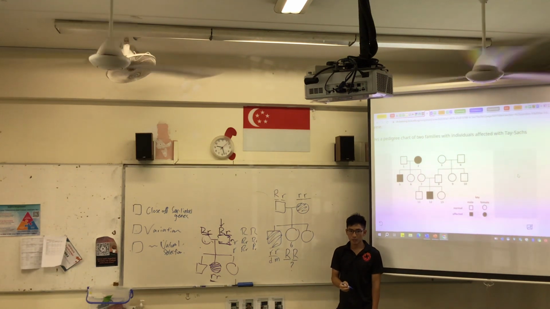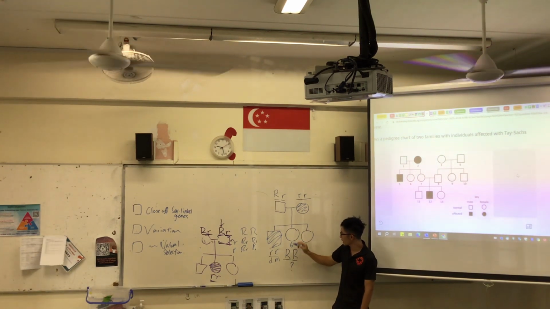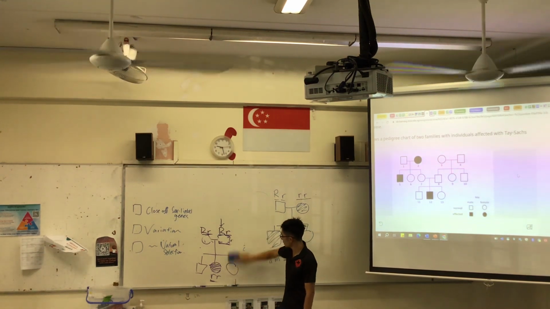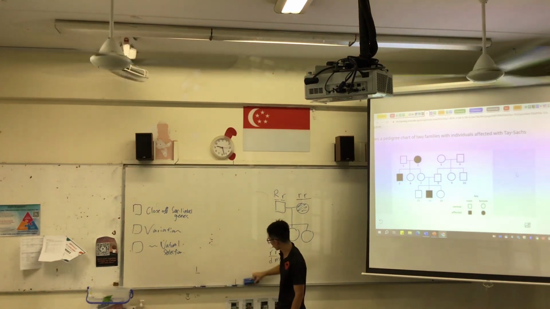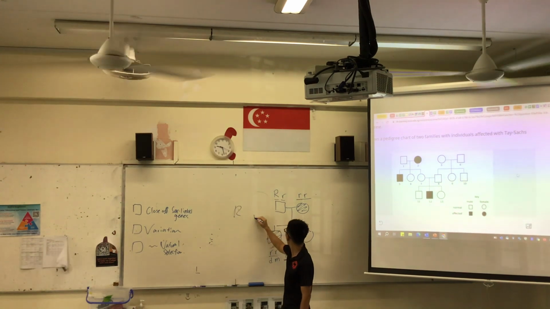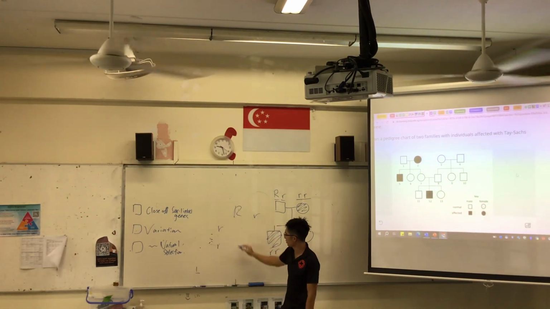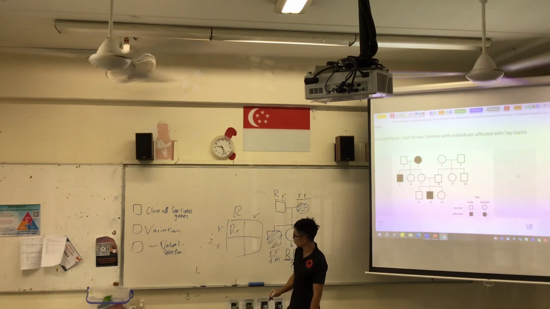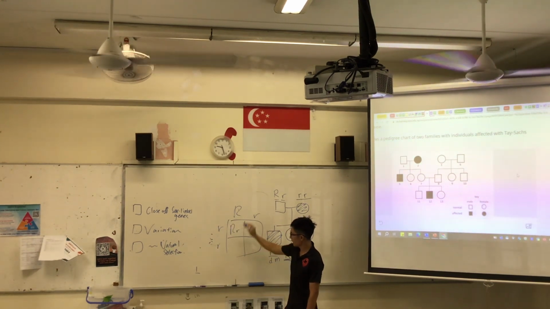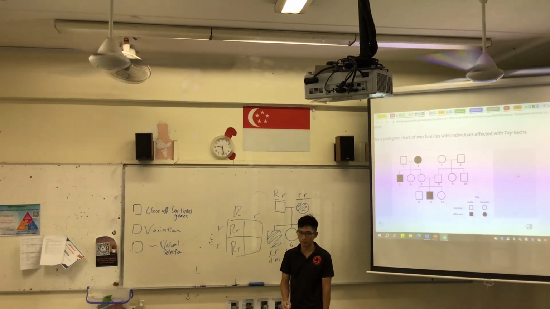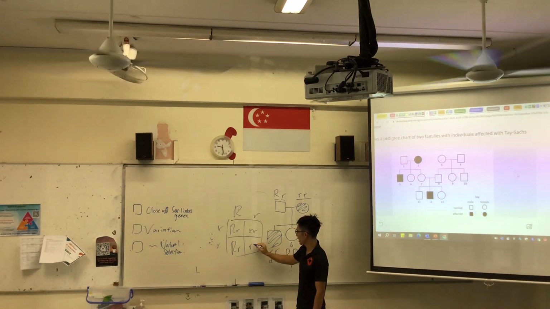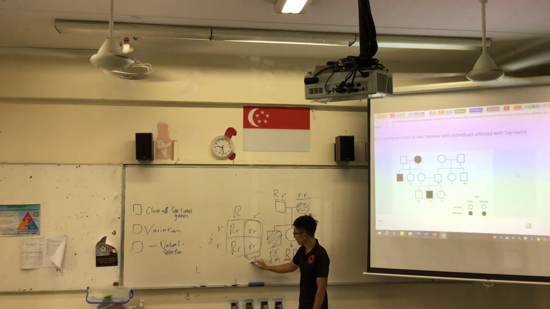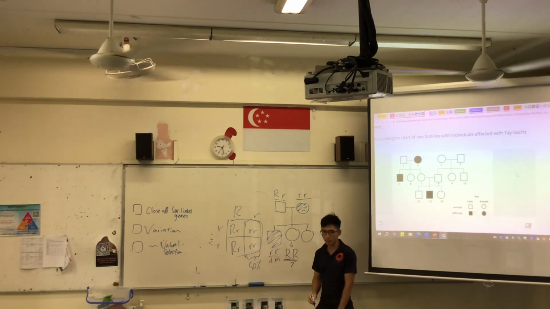Okay? So now, what's the probability that individual 6 has this particular genotype? So let's do a Punnett square. Small r. So we have an individual that is not affected, another individual that's not affected. We can also have individuals that are affected. So there is a 50% chance that the individual is affected.